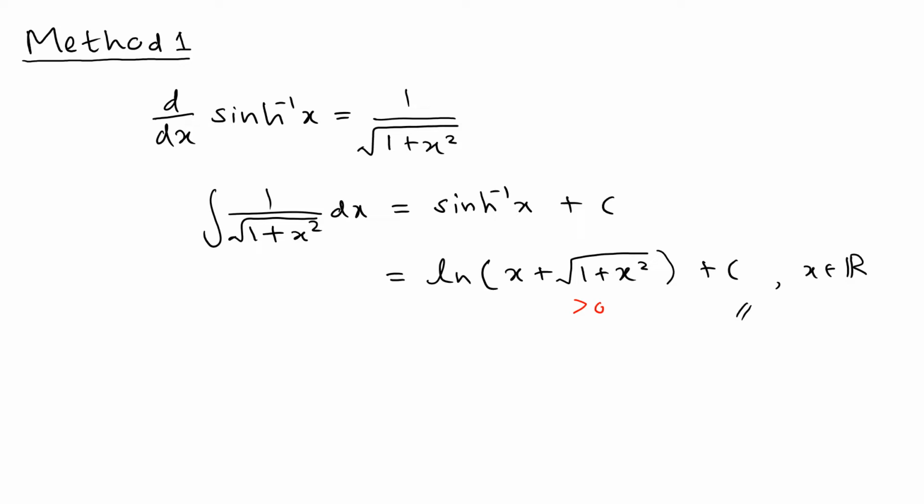Let's look at the second method. As a second method, we're going to use a hyperbolic function substitution. In method 2, we use x equals sinh theta. Then we take the derivative: dx equals cosh theta d theta.